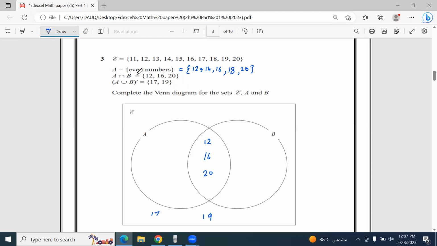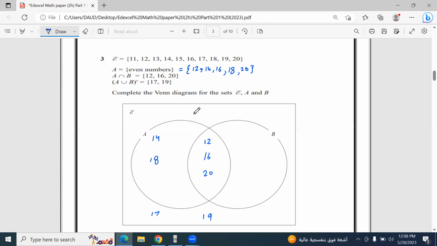Rest, we can check the elements of A and B. See here, the elements of A are even. 12 is already mentioned. 14 we can write here, and then rest is 18 because 16 already mentioned, and 20 already mentioned. So these all are elements of A. The rest of the elements are B. And remember that we already mentioned 17 and 19 outside.